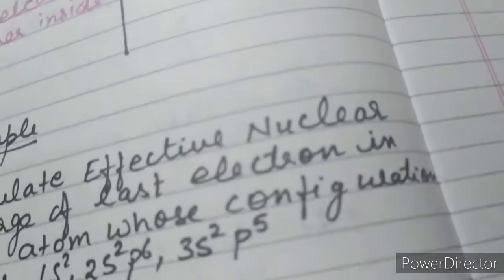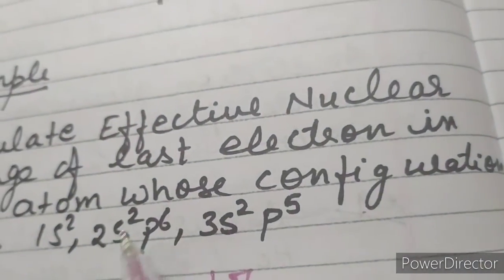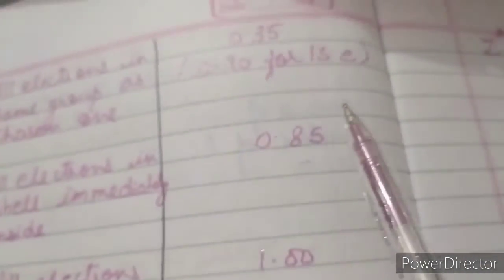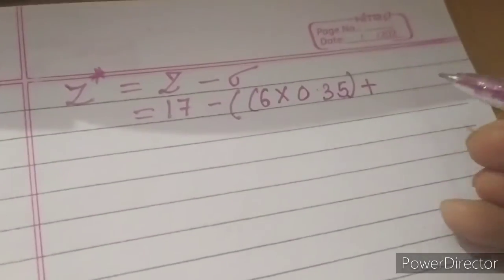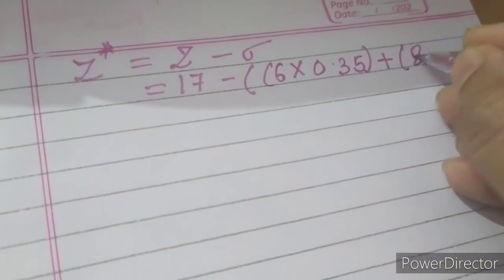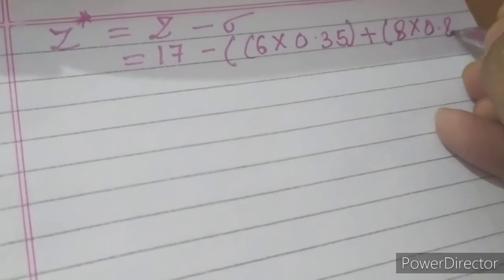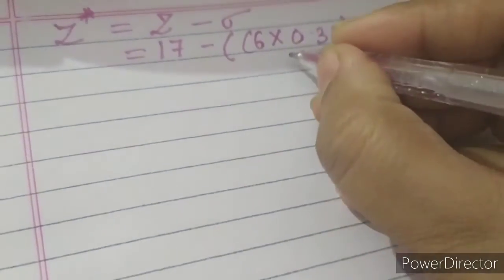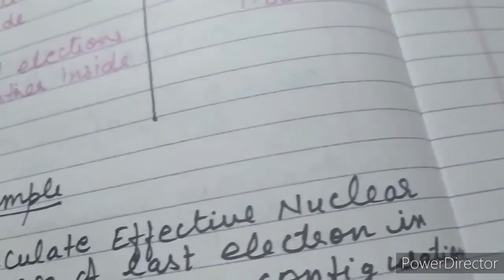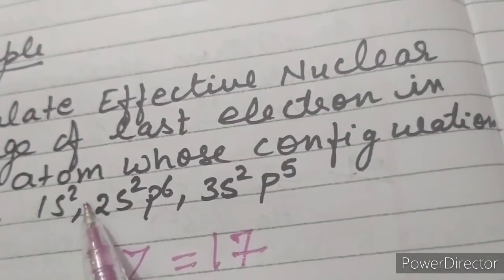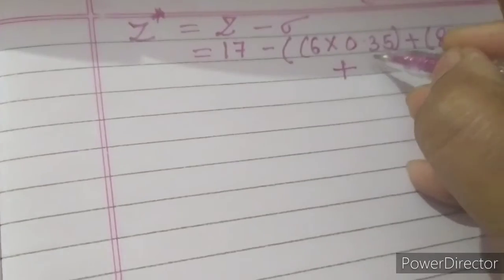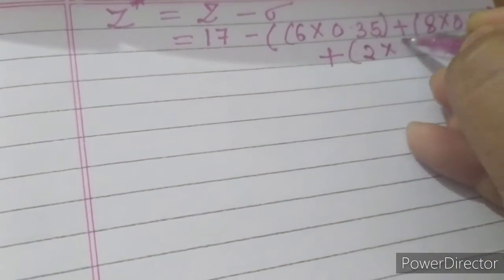Now the immediately inside electrons, how many are there? 8 electrons are there, and the contribution is 0.85. So we'll write 8 into 0.85. Next, all the inner electrons. How many electrons are there? 2 electrons are there, and the contribution is 1. So we'll write here plus 2 into 1.